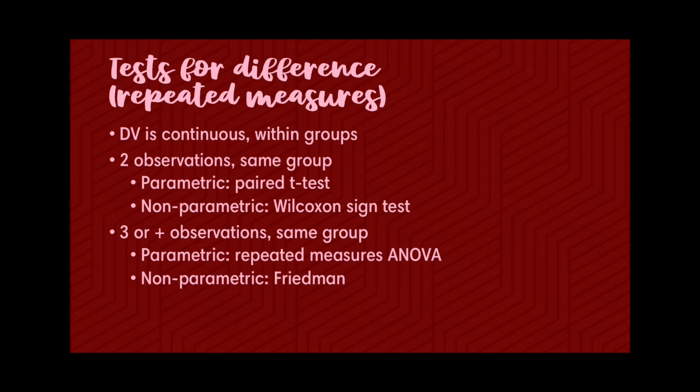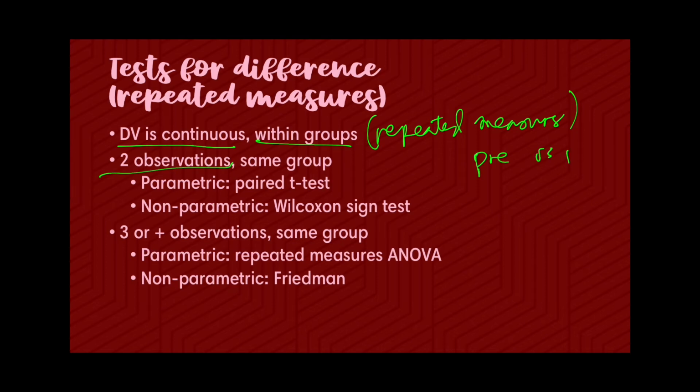Now, when the dependent variable is continuous and it's within groups, or what we call again the repeated measures. Now, if you have two observations, meaning two groups, kunyari pre versus post, and it is seen in the same group, then we use a paired t-test.